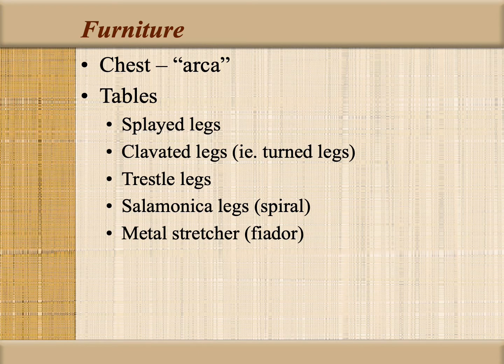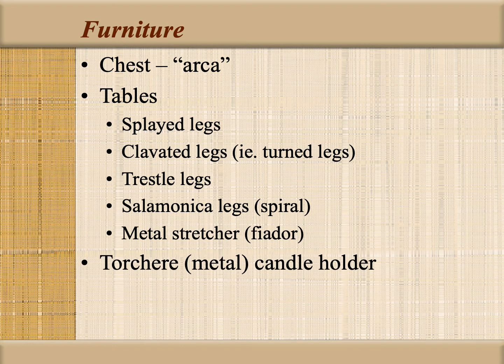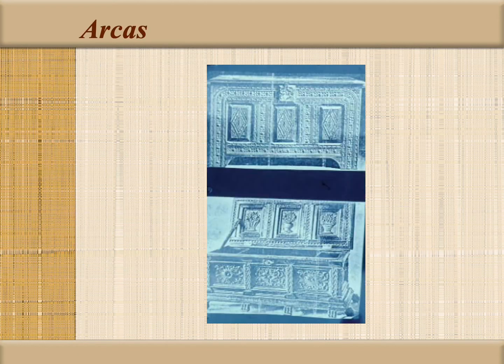You also see the trestle legs as well as Salamonica legs or spiral legs, and metal stretchers, which are also known as a fiador. You also see torture, which is a metal candle holder. So torch, candle, it starts to make sense, and it's an easy way for you to remember that vocabulary word.